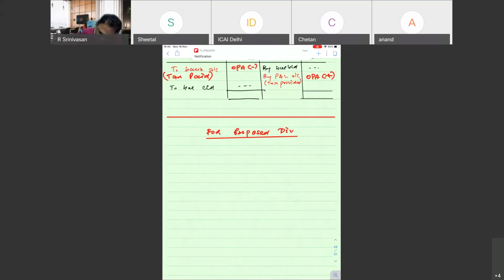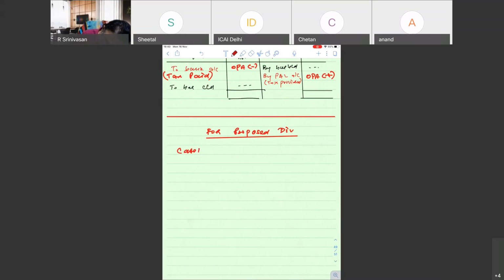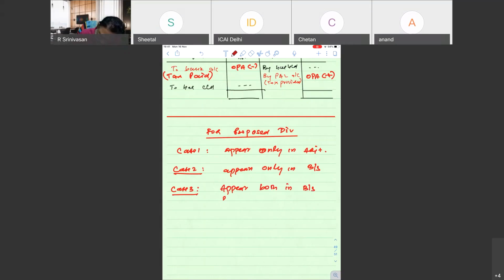Okay, right. So here also the 3 cases are there. Case 1: appears only in adjustment. Case 2: appears only in balance sheet. Case 3: appears in both balance sheet and adjustment.